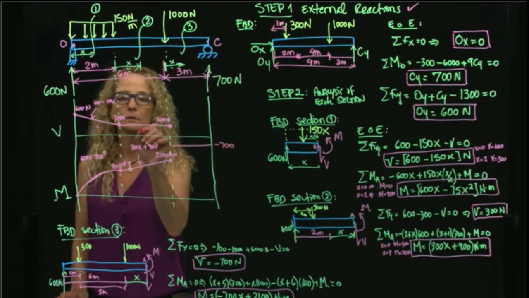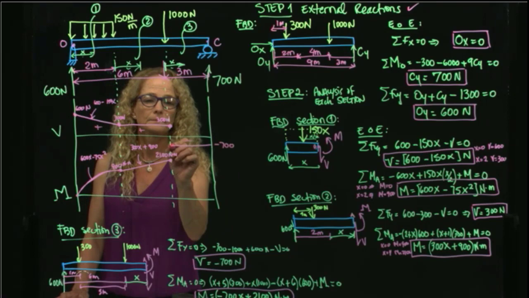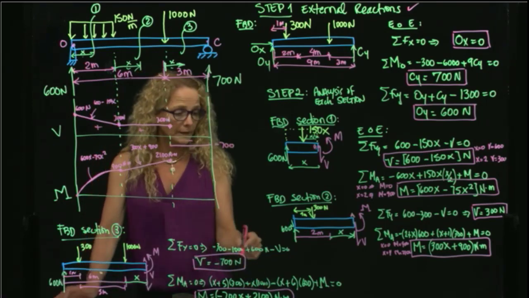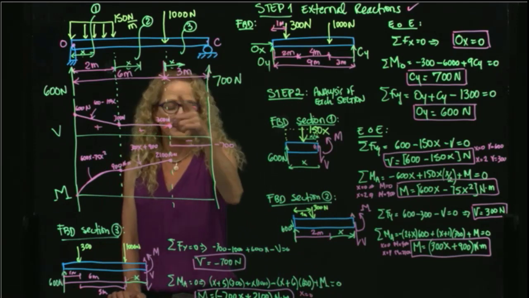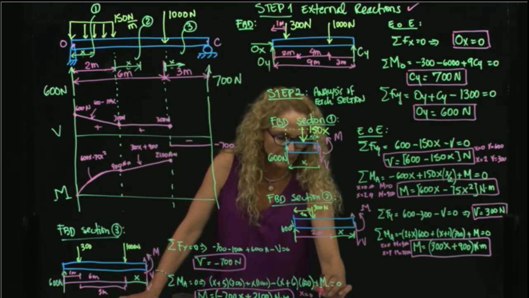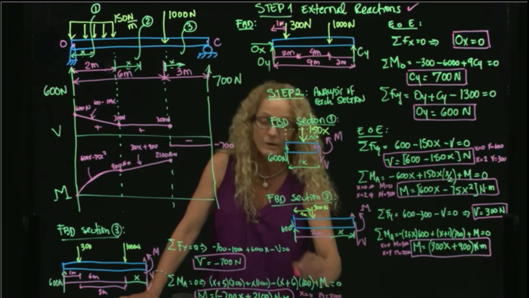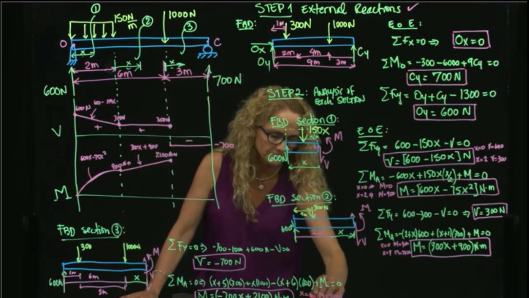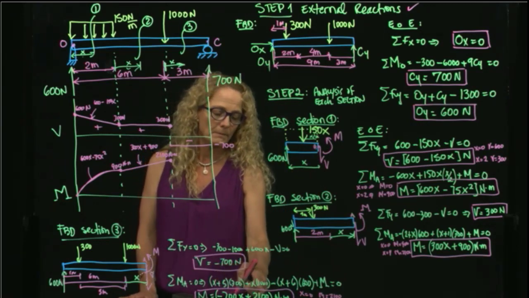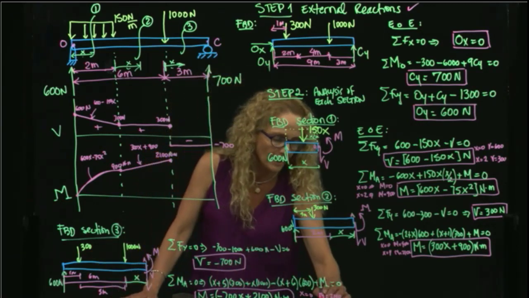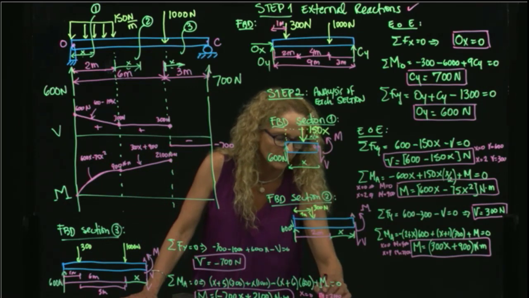So this is positive, and this is negative. And here, if we evaluate for x equals 0, so we are right here, we get that m is equal to 2100, and for x equals 3, we get 700 times 3, which gives me 2100, so m is equal to 0.